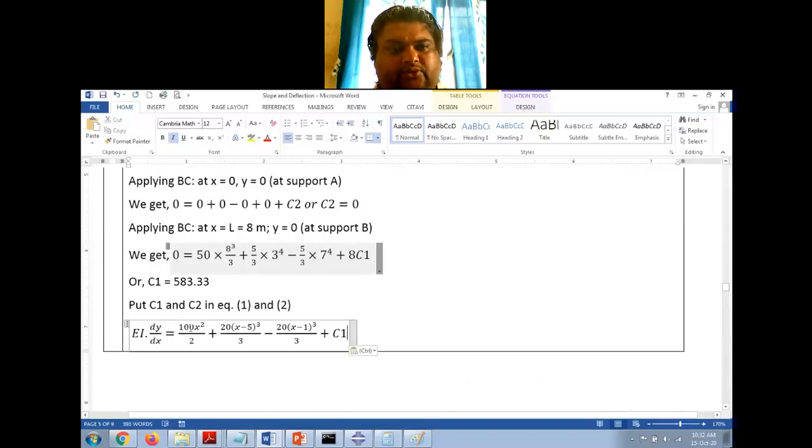EI dy by dx is equal to 100 x square. So I'll just cut this, make it as 50 x square plus 20 by 3. I'll just keep this as it is, and C1 is, this is negative, and that's the sign there. So this will become minus 583.33. Okay, let me call this equation 3 now. Equation 3 is the general slope equation.